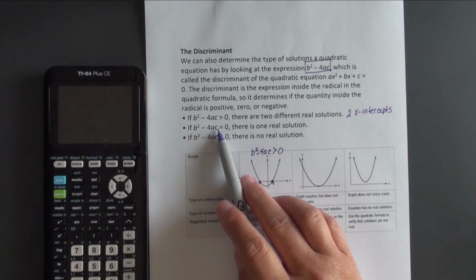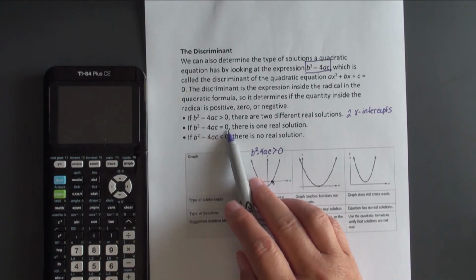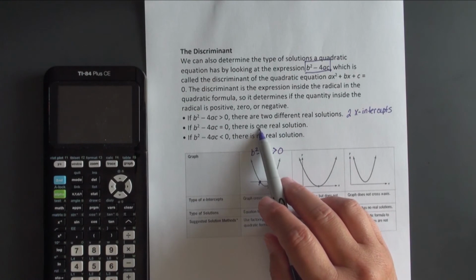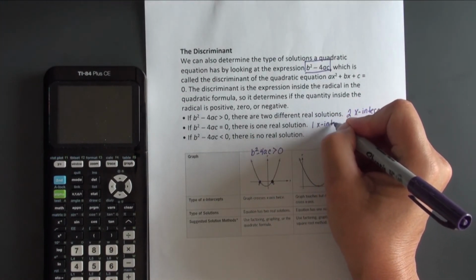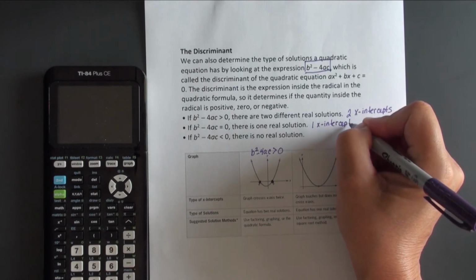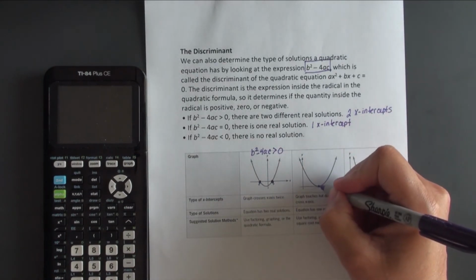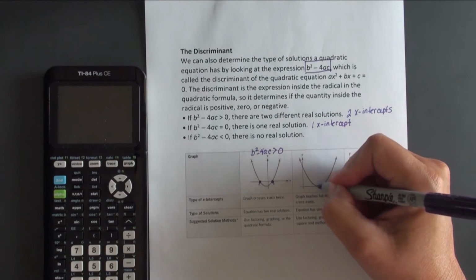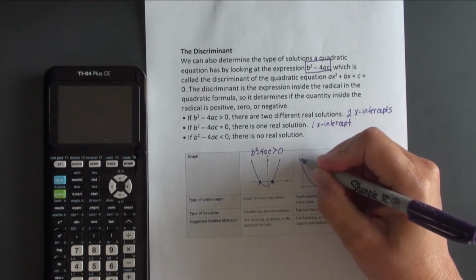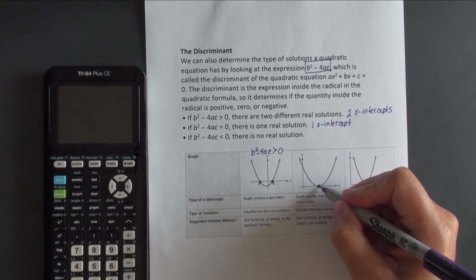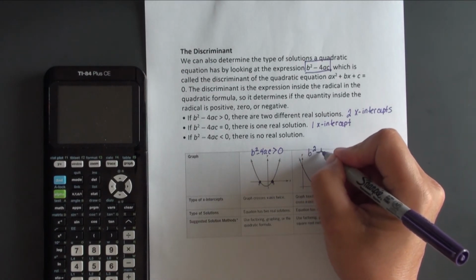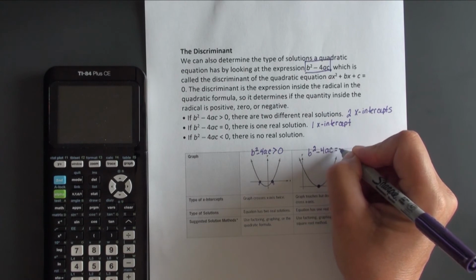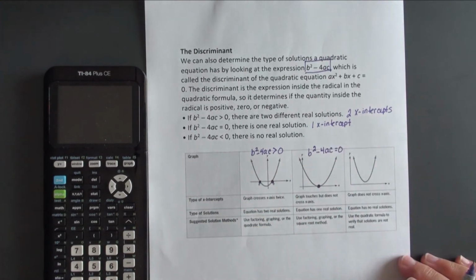Now, if b squared minus 4ac is equal to 0, there is one real solution, or one x-intercept. And that occurs in this second example, where this parabola or quadratic function only crosses the x-axis at one point. That will happen when b squared minus 4ac is equal to 0.